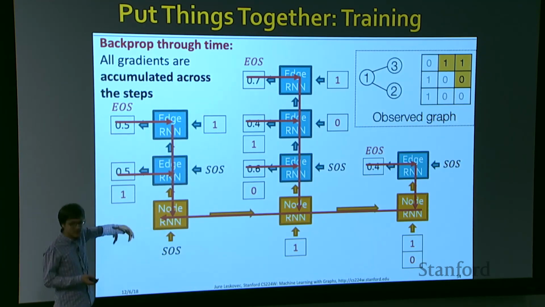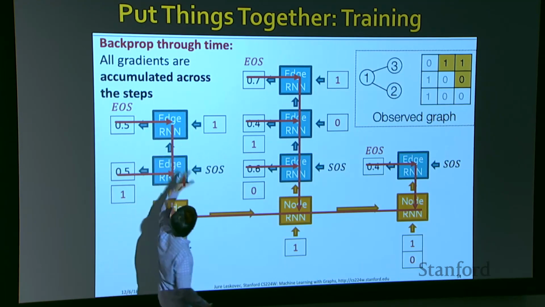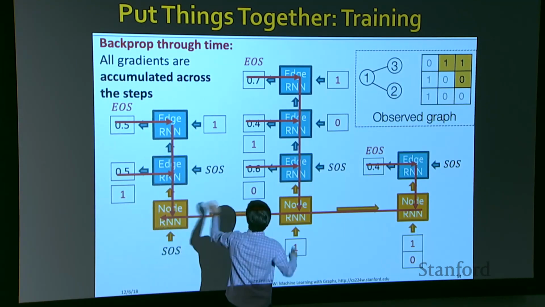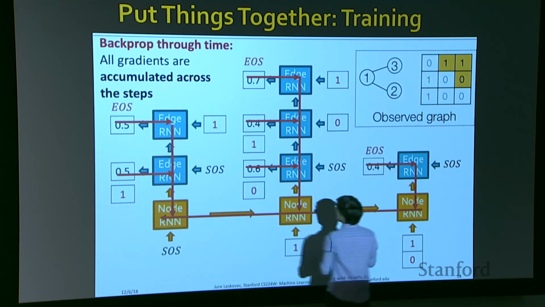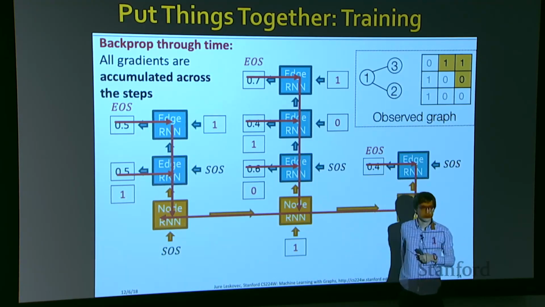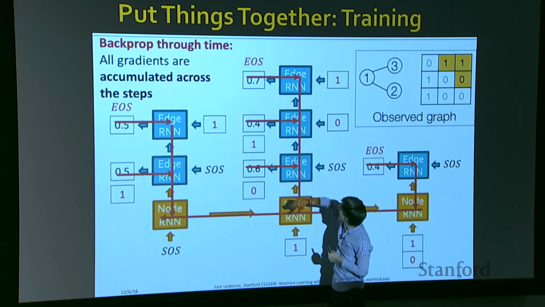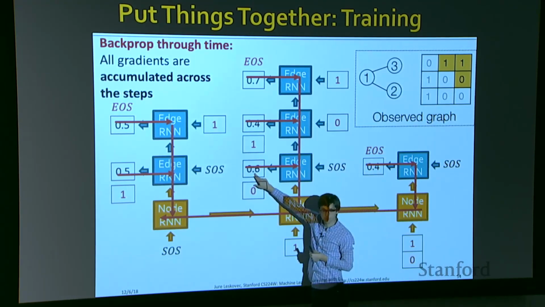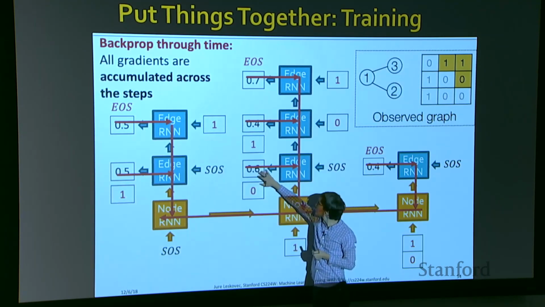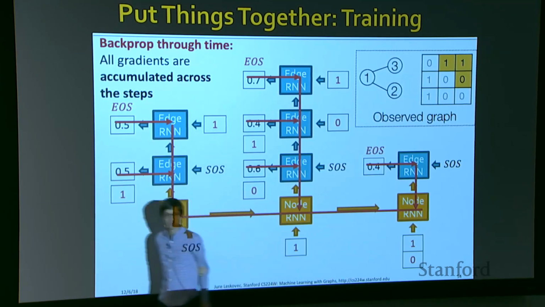So you see that for every different graph, we will have a different sequence at the bottom, a different sequence at the top, and this is how the back propagation works: how the differences between these inputs and these outputs of the model are propagated through for the parameters to be updated.